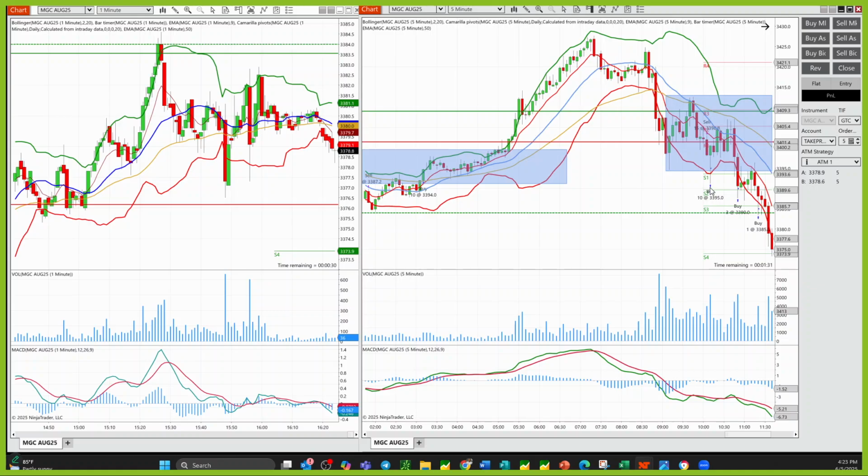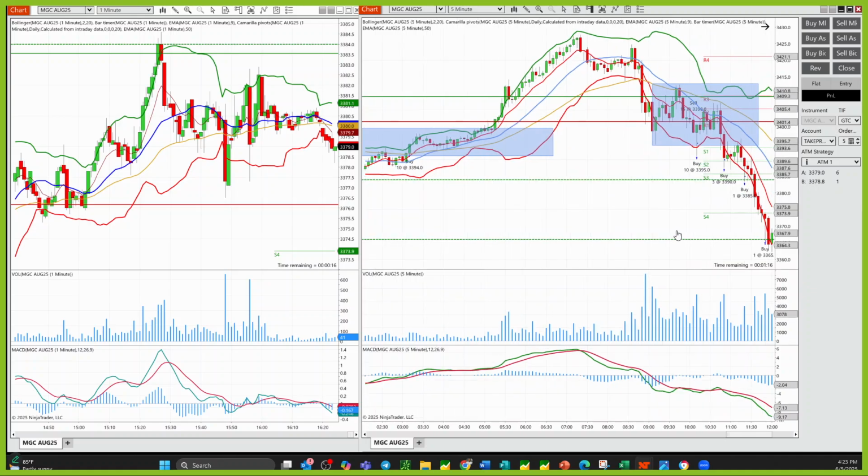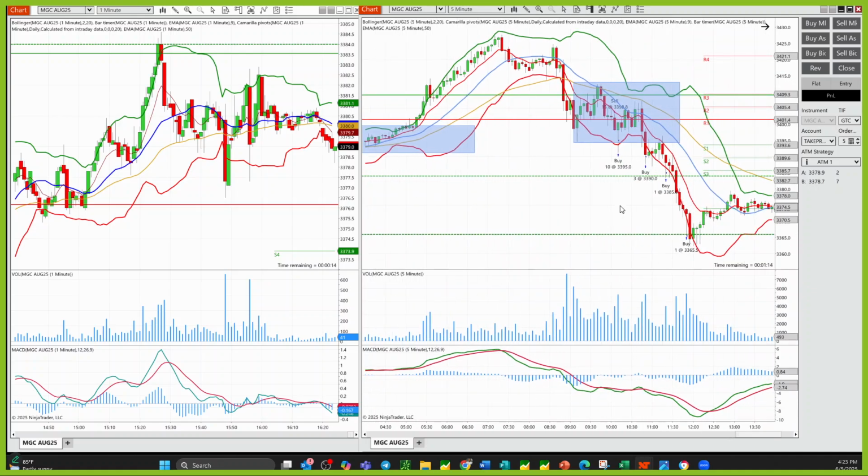I only took a partial. All right, so when we came back again, I was able to take more profit, and my last piece was here. You could see I covered 10 here, 3 here, 1 here, 1 contract here. This is my last one.